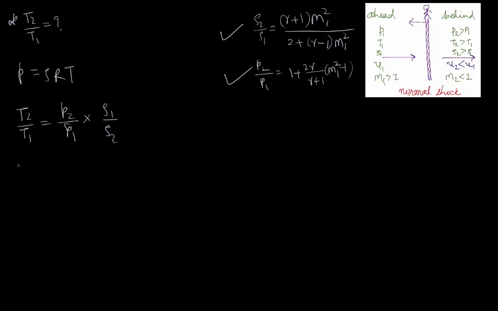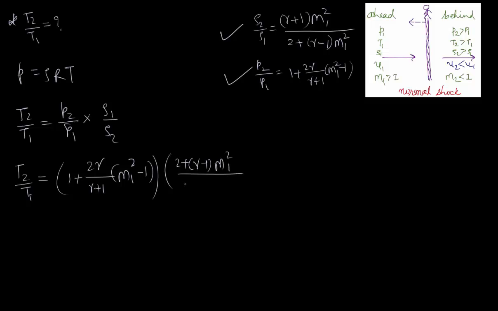We know P2 by P1, which is 1 plus 2 gamma upon gamma plus 1 into M1 square minus 1. And rho 1 by rho 2 is 2 plus gamma minus 1 M1 square divided by gamma plus 1 M1 square. Remember that you should at least remember this equation for P2 by P1, because in general we use this pressure ratio.